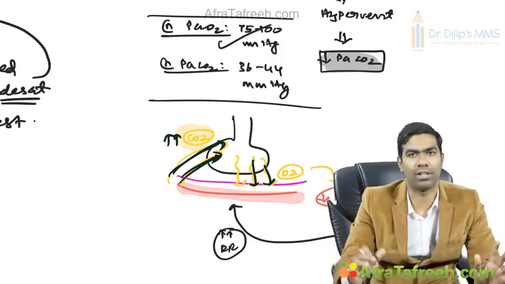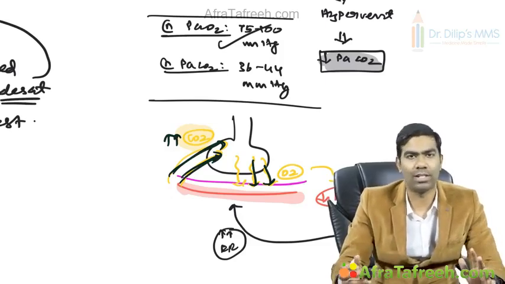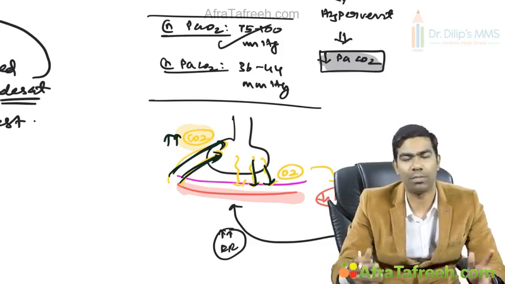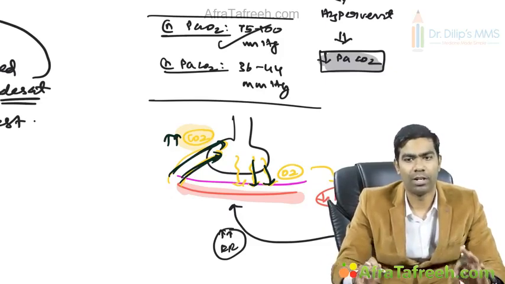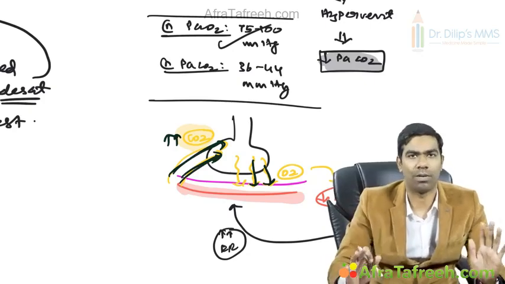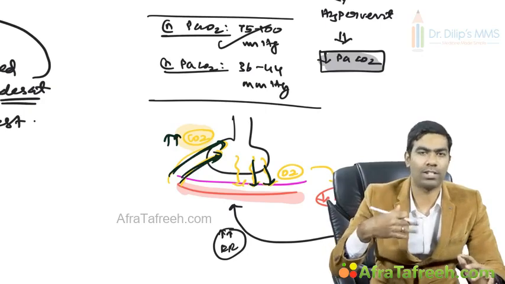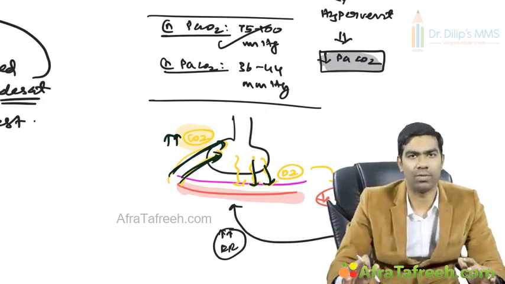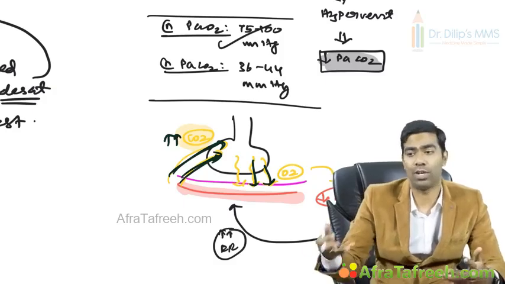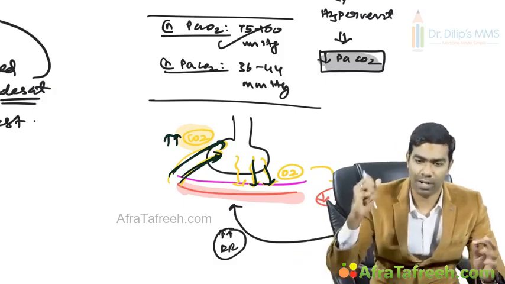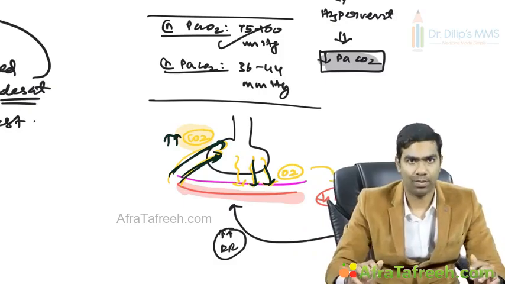However much faster you breathe, depending on the severity of the disease, your PaO2 may or may not normalize. But immediately your PaCO2 will drop. Why? Because the solubility of carbon dioxide is so high, the faster you breathe, the faster you exhale carbon dioxide. Whether or not you normalize the PaO2, you will definitely lower the PaCO2.